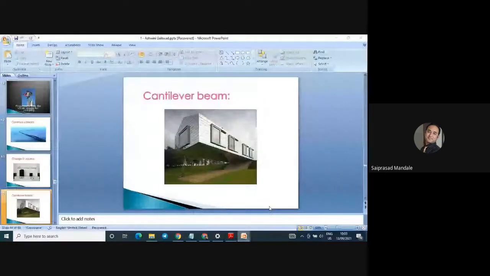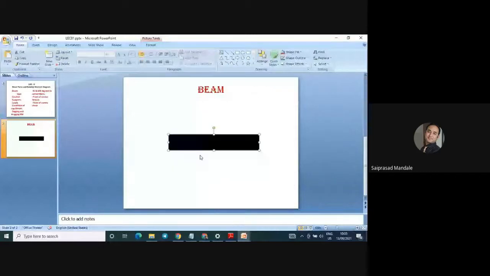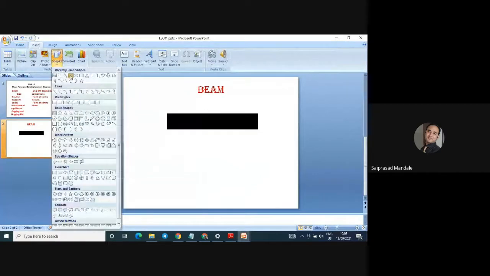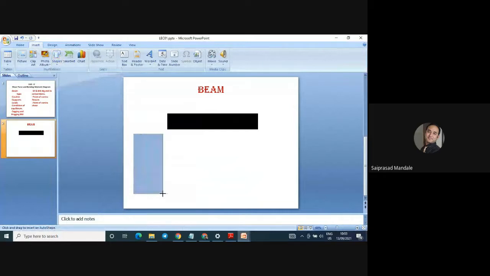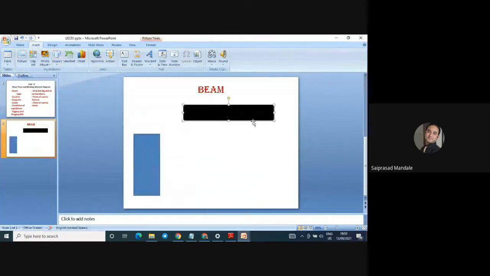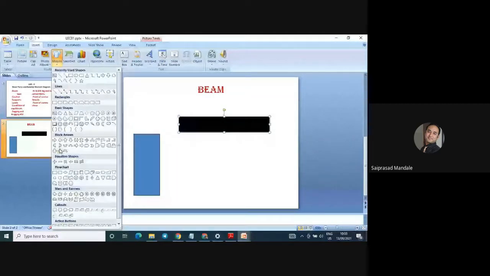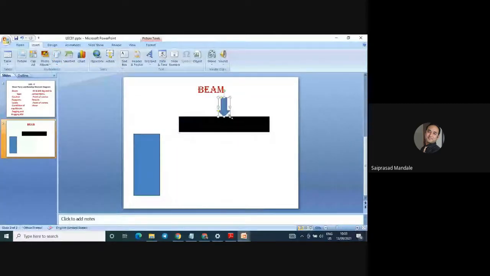I can say this is a horizontal structural member, and this is a vertical structural member. When the structural member is in such a way, and I apply load on it like this, it means this structural member carries a load. Whatever the type of load is, let it be.